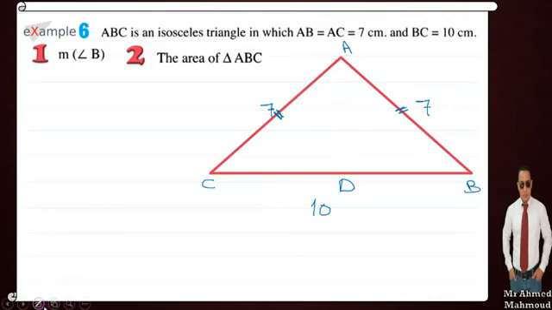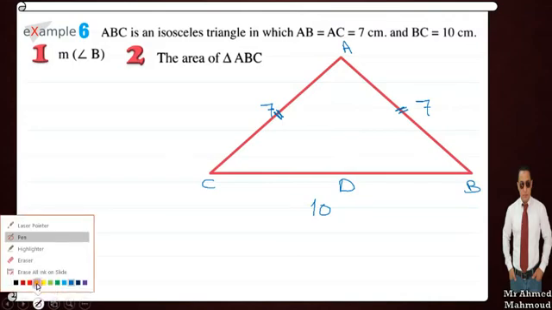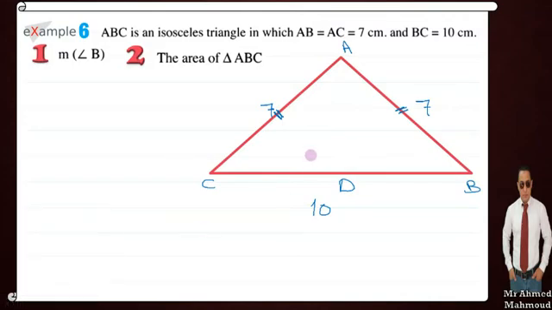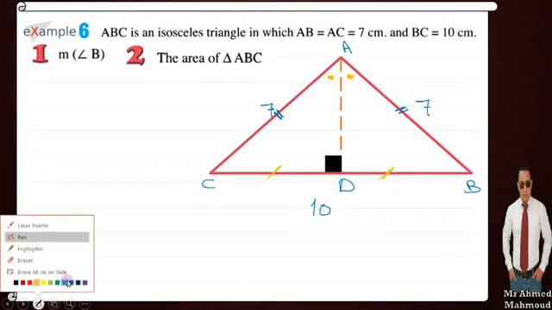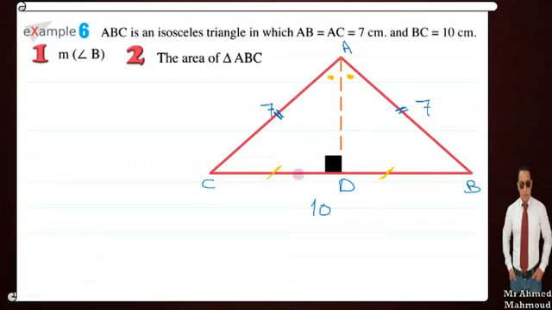This line bisects the base and bisects the vertex angle. Now the base equals 10, so it bisects the base into 5 and 5. Then CD equals 5, and BD also equals 5.